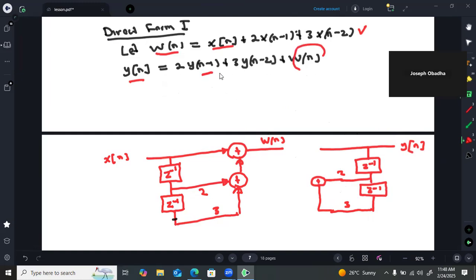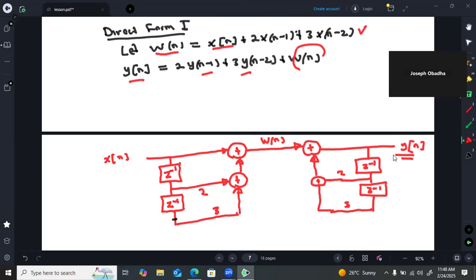Already we have this, we have added them, so we need w of n. So w of n, we get it from this point. So that now this one comes here, this one comes here, and then we have this. So we are able to get the y of n.